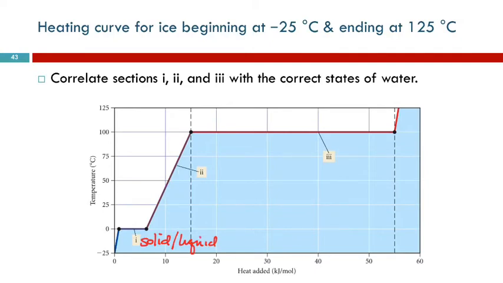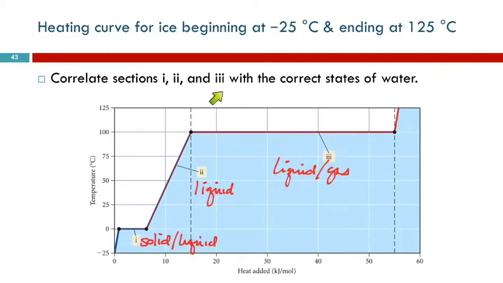What's the state of water in that section? It's a liquid. And what about up here? We have a combination of liquid and gas, because that's the process of boiling. Is that because liquid turns to a gas at 100 degrees Celsius? It begins to turn to a gas at 100 degrees Celsius, yep.